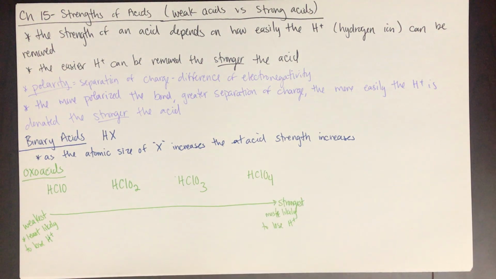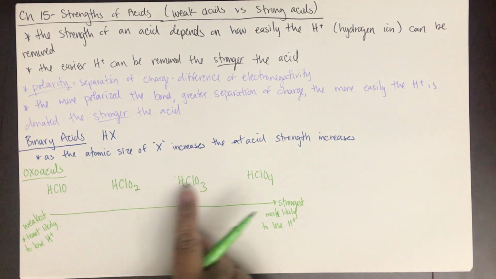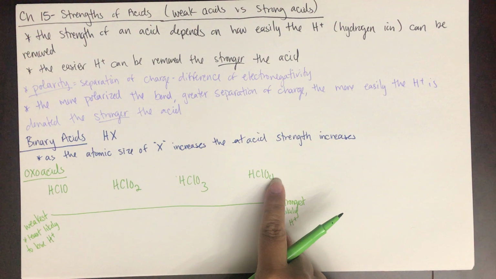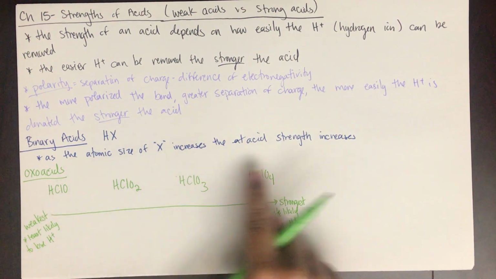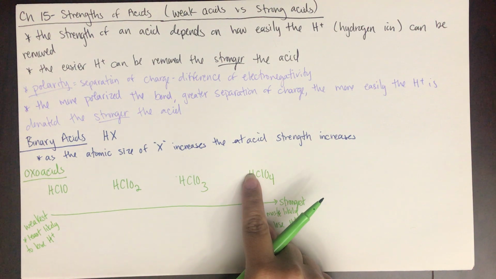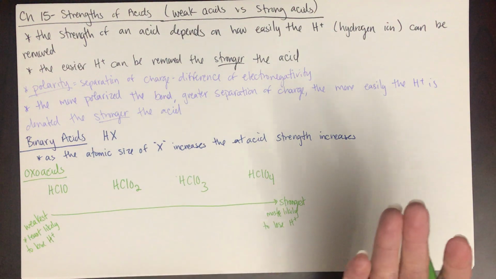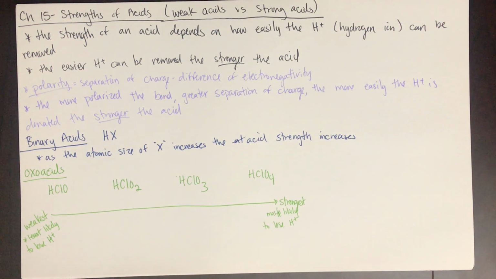So that's what makes it the strongest. So the more oxygens there are in that oxo acid, the less attraction there is to the hydrogen. The less attraction there is to the hydrogen, the more readily that hydrogen will be donated. When that hydrogen is donated, it's going to join a water molecule and form hydronium, and that's what makes it a stronger acid.